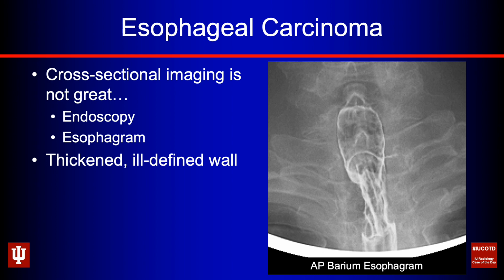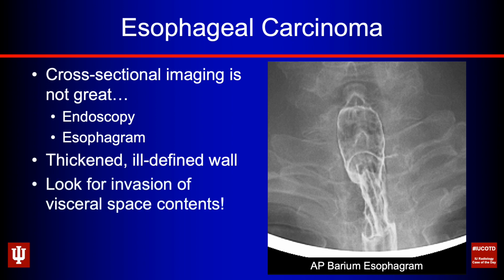What you may see on cross-sectional studies like CT would be thickening of the wall of the esophagus, oftentimes looking a bit smudgy or ill-defined. But really, where I think the important role is for those of us doing CT imaging is to look for things that upstage your disease. You're looking for invasion of surrounding structures in the visceral space, as well as looking for metastatic adenopathy.